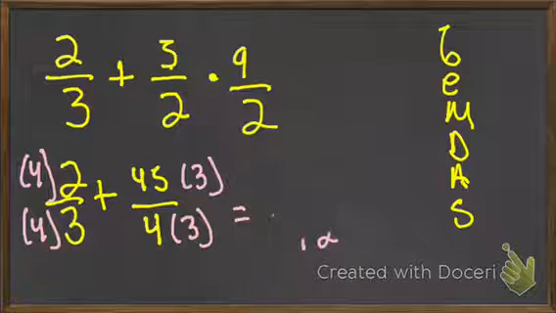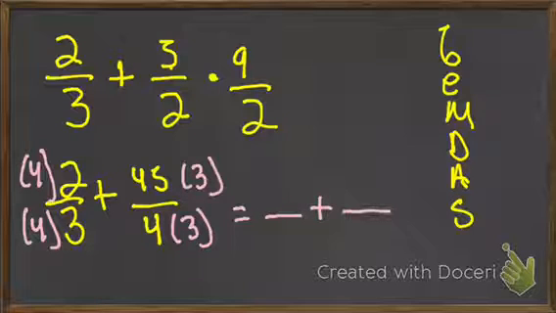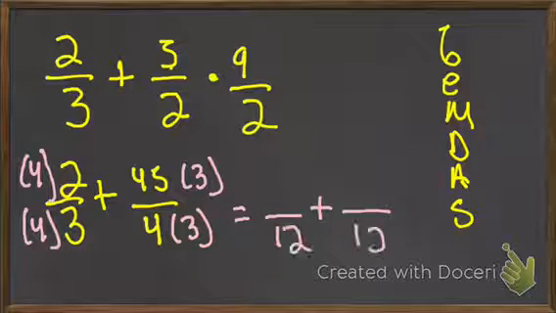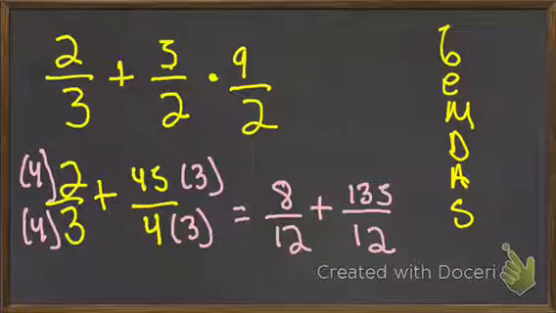Let me erase this a little bit, write it better. Denominator is going to be 12. And now we're going to do 4 times 2, that's 8, and 45 times 3, and that's 135.